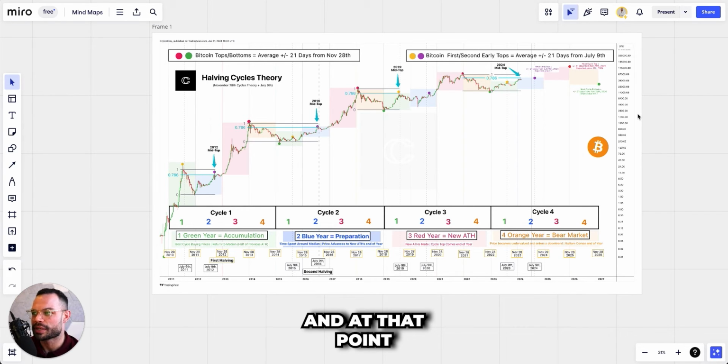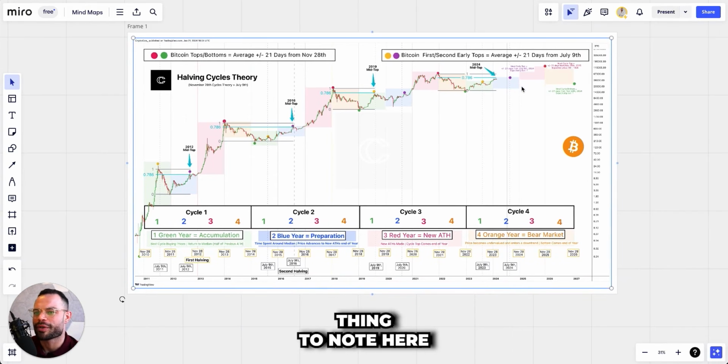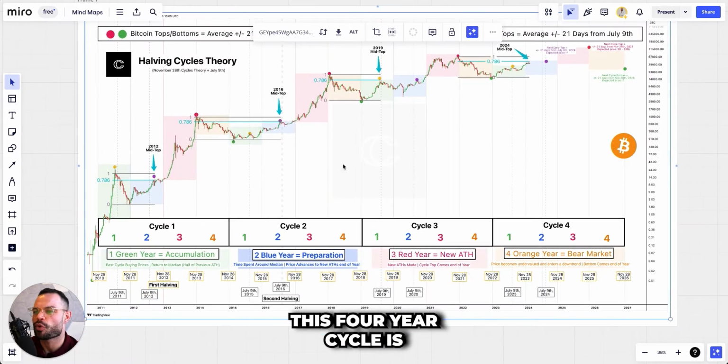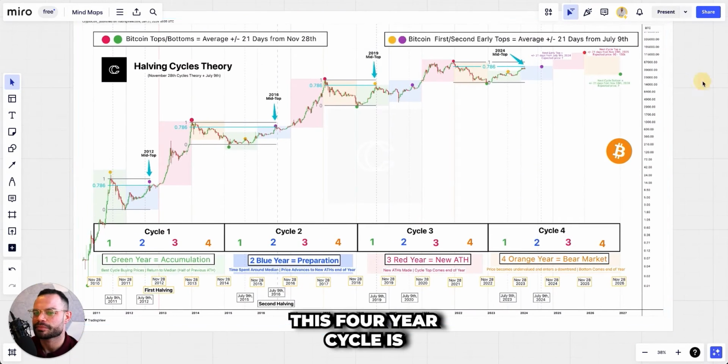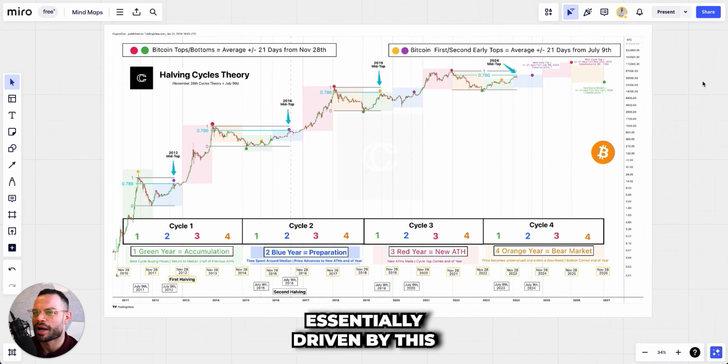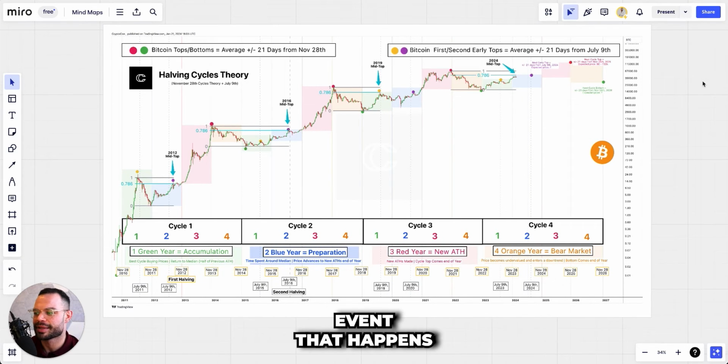And at that point, the whole idea with the mining is that the transaction fees generated from the amount of transactions happening on chain are sufficient to support the people who are doing the mining. Obviously, that's a problem for 100 years from now, but the core thing to note here is that this 4-year cycle is essentially driven by this supply shock event that happens with the Bitcoin halving every 4 years.